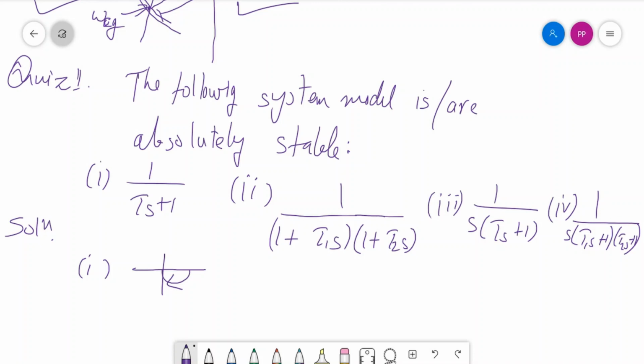I'm not dividing the axis, for the sake of saving time. The second one should have a polar plot like this. The third one should have a polar plot like this. The arrow should be there to understand where the frequency omega equal to 0 is and where the frequency omega is infinity.